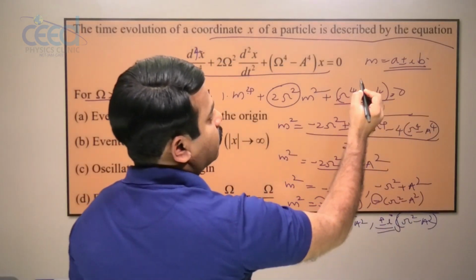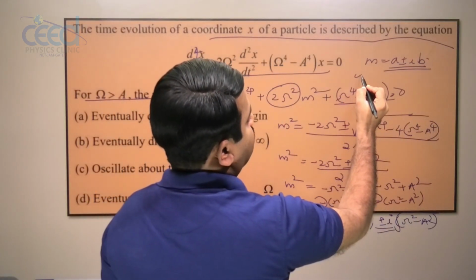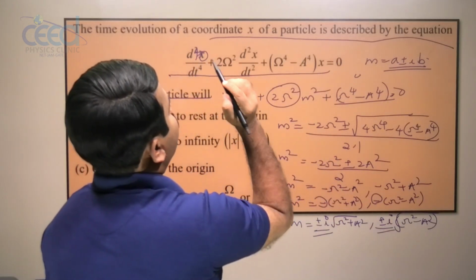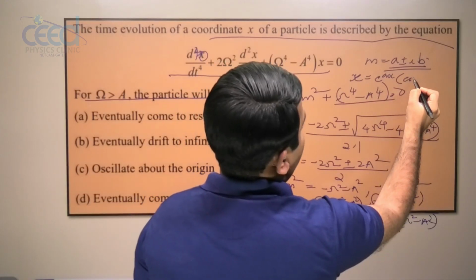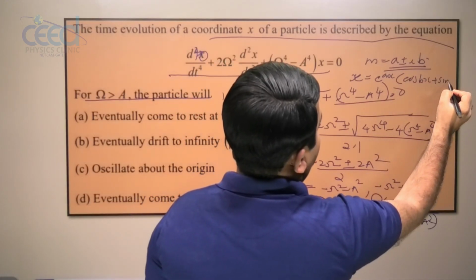What is the solution? That particular x solution is e raised to ax into cos bx plus sin bx.